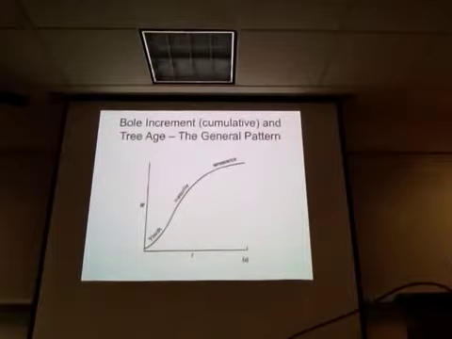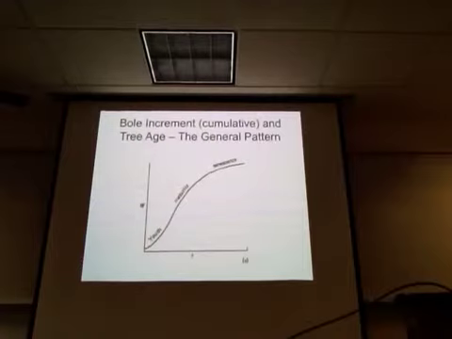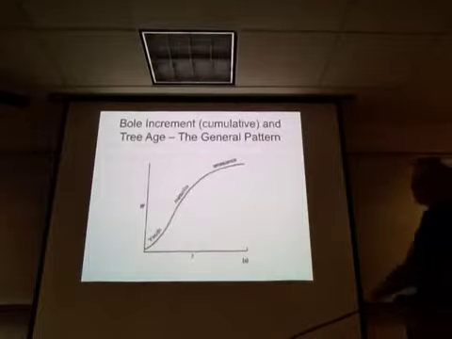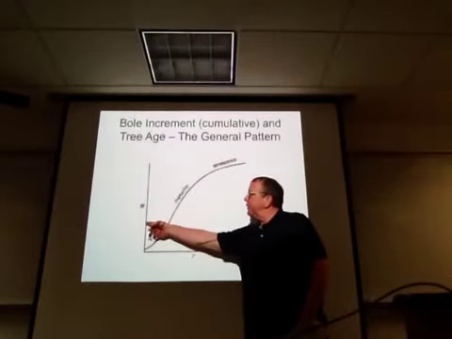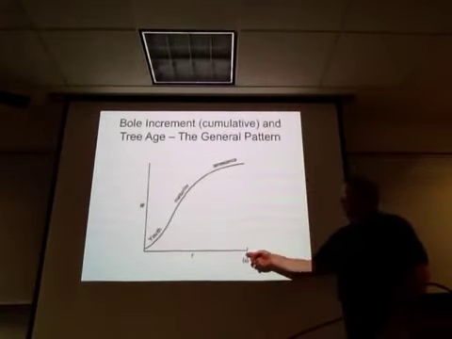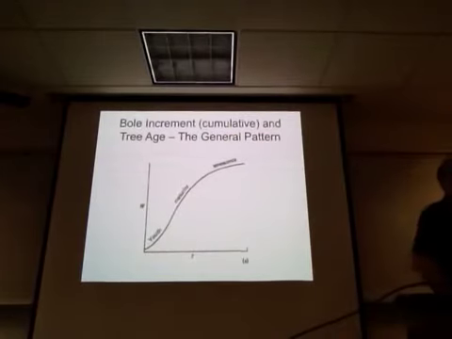Okay, so what about this basic pattern of growth? So here's what it looks like for trees. Same thing as what it looks like for humans. Any biological organism has this basic S-shaped growth curve, sigmoidal shaped growth curve, where we have some measure of size on the vertical axis and time on the horizontal axis.